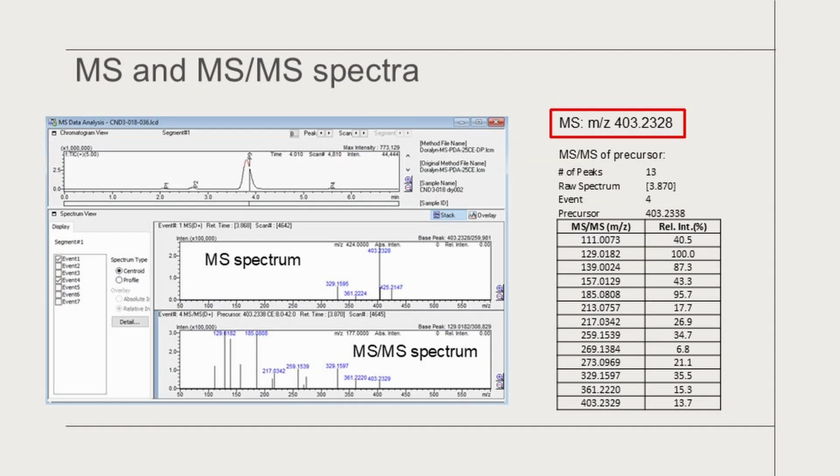The accurate mass of the main component P3 is m/z 403.2328. MSMS of this precursor produces many fragments. From these MS and MSMS spectra, the elemental composition and structural information of the molecule can be inferred. Let's see how to find the possible empirical formulas for this compound.